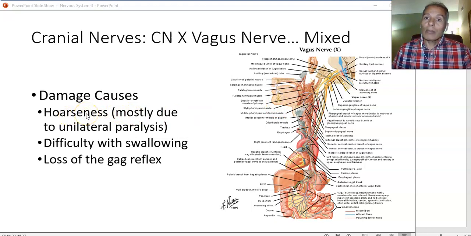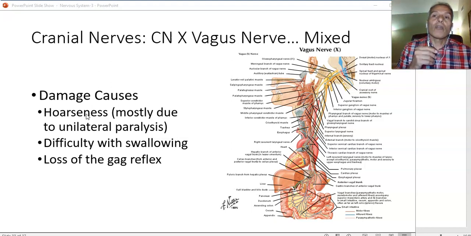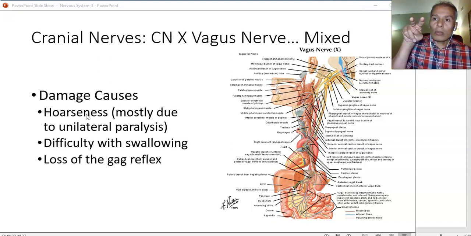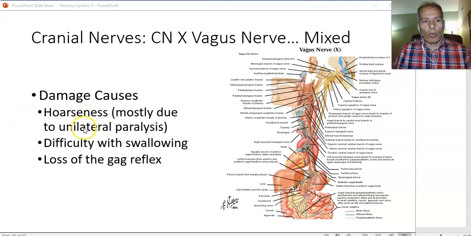If one vocal fold is damaged and is not able to move, then you are going to have a hoarse voice. If the two vocal folds are paralyzed, most of the time the person dies, fortunately. But there are people who are fortunate to survive, but it is more dangerous to have both.